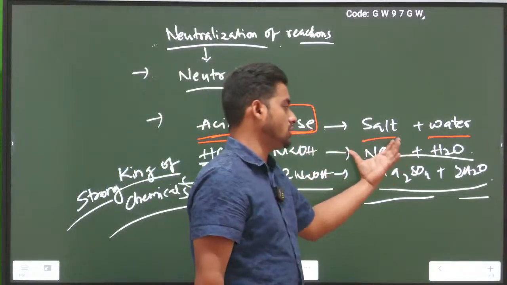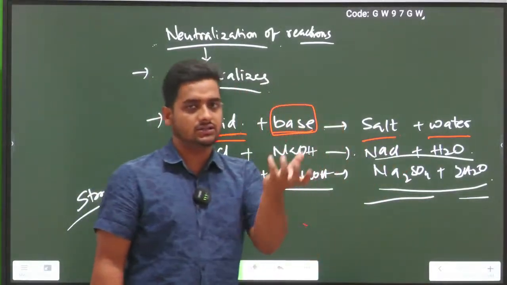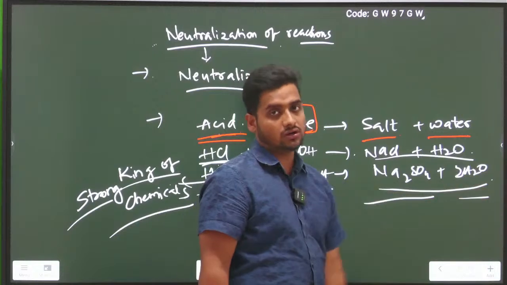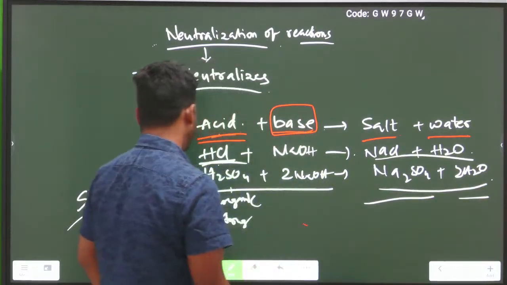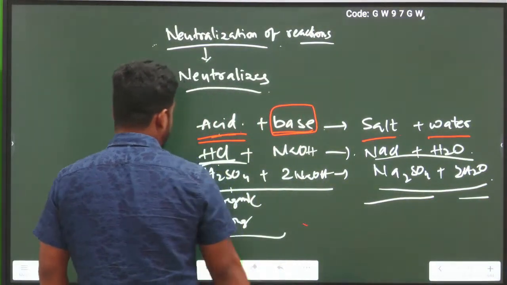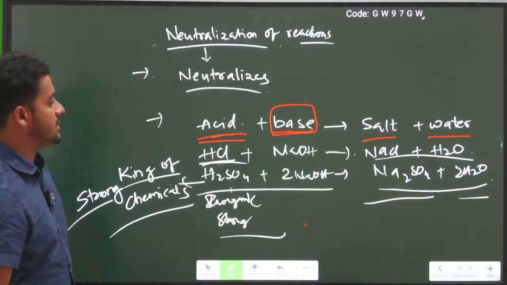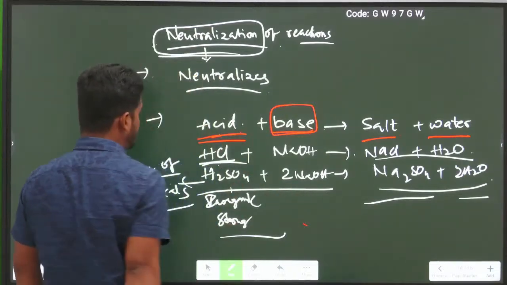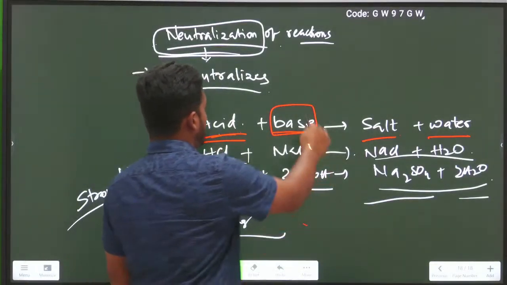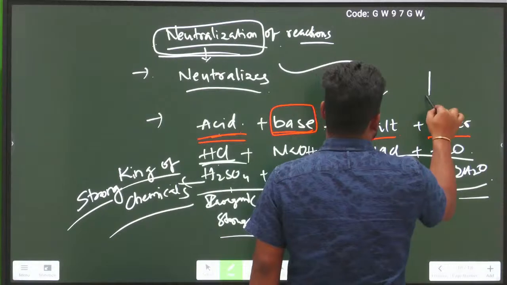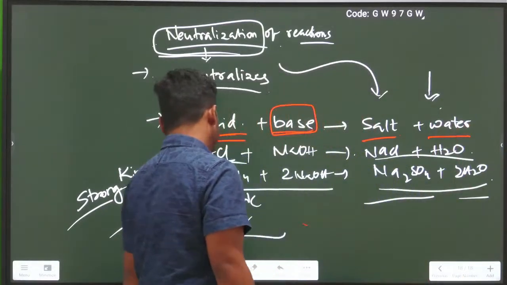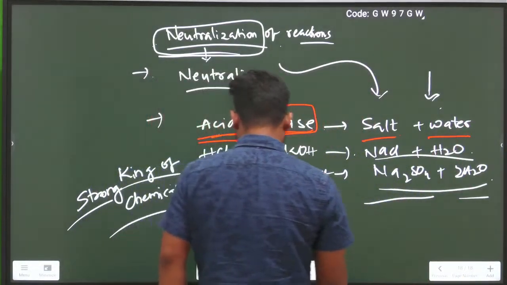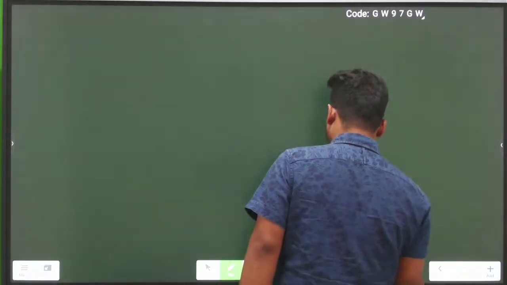That means you are going to get some salt at the bottom and water also as a byproduct. These acid and base neutralization reactions, where we get some salt and some water, are very important reactions in our day-to-day life.